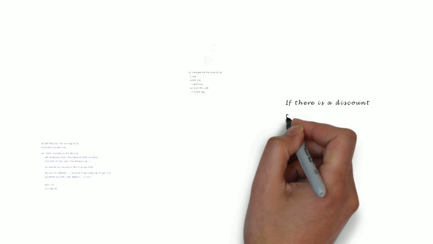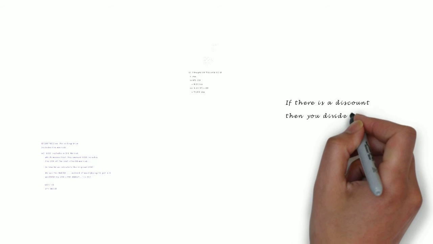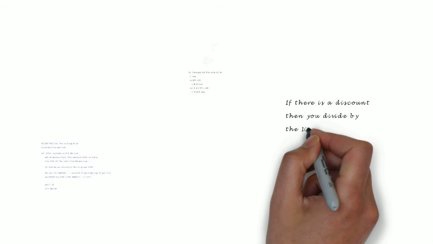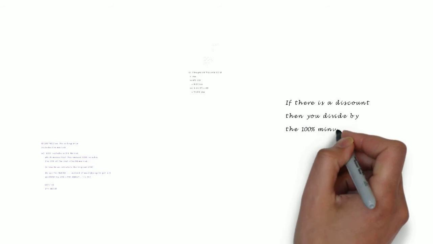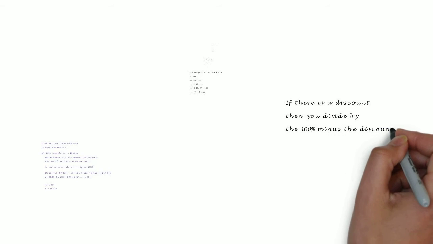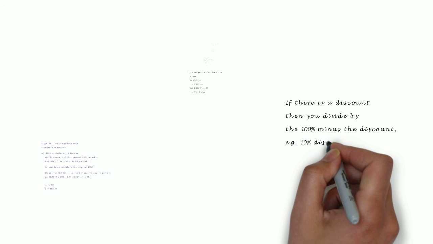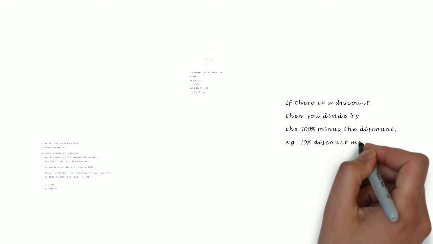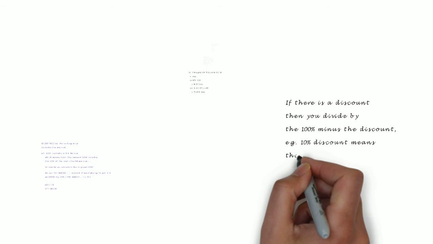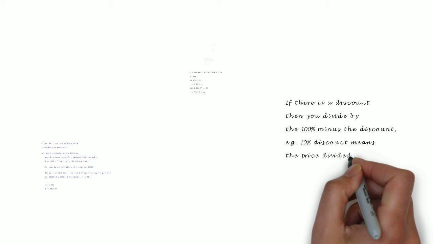Let's move on and see if there is a discount. Then we're going to divide by the amount of the discount. So for example, we have 100% minus whatever the discount is. Say it's 10%. It's 100% minus 10%, so it's 90%.